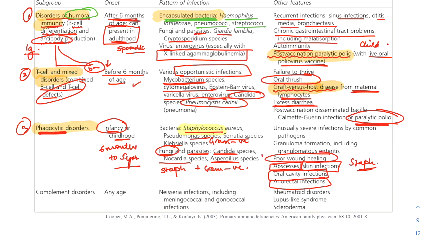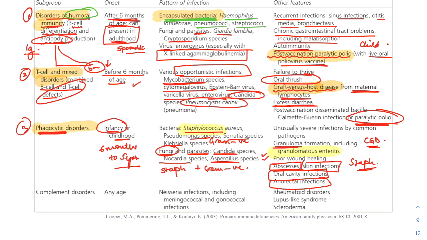They have poor wound healing. Also, in phagocytic disorders like chronic granulomatous disease, they have a tendency of developing granulomas. These granulomas especially develop in the intestine, leading to so-called granulomatous enteritis.